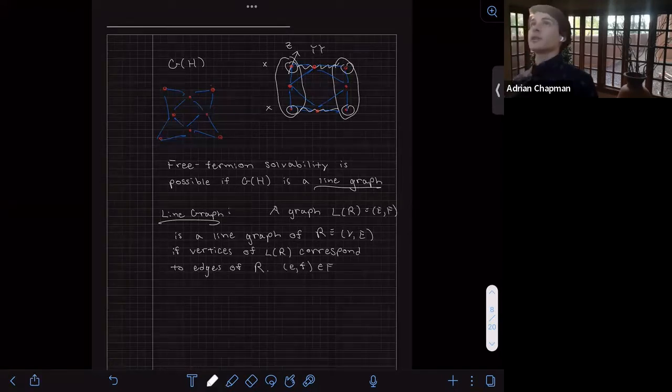So E and F are in the edge set of L of R, big F, if E and F are incident edges in the root graph.